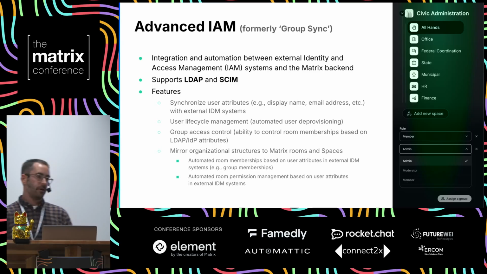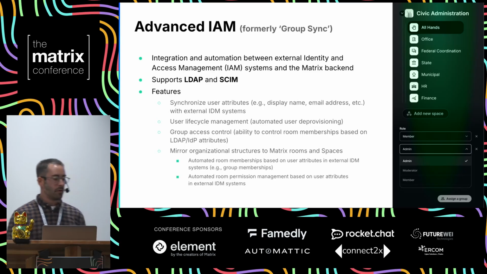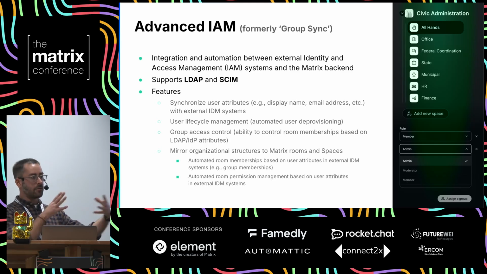That could be an LDAP system. It could also be an identity provider that supports SCIM, and it has a couple of capabilities that enable you to connect your Matrix backend with your centralized user management system.